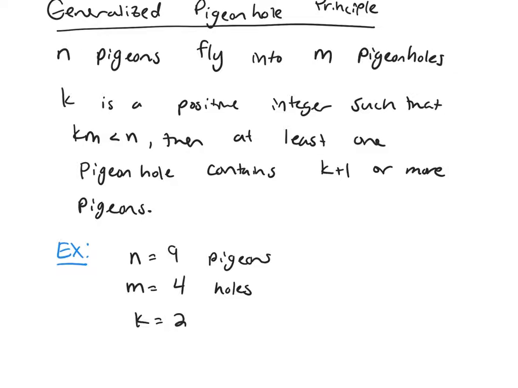So then if we look at K times M, that's 8. And 8 is less than 9, so that means K times M is less than N here, which is a condition that had appeared up here in our generalized pigeonhole principle.